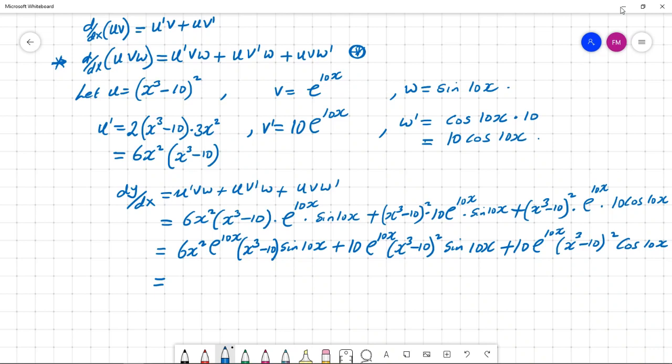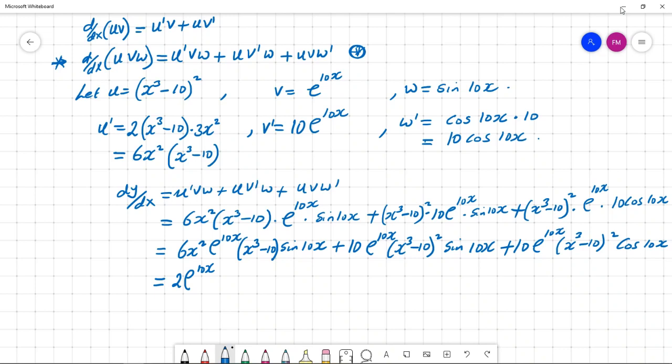Any common factors, for example, among the constants, 2 is a common factor, so I can have 2 outside here. x is not common, but exponential 10x is also common on the 3 terms.